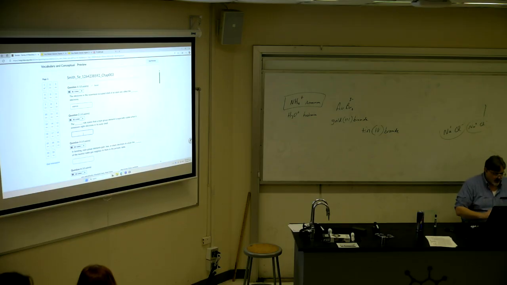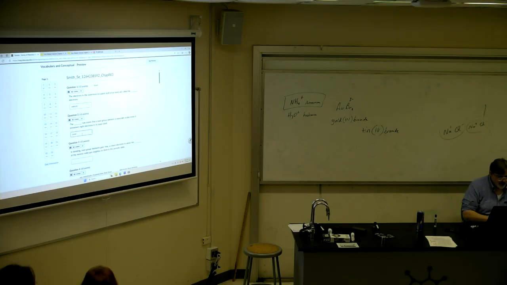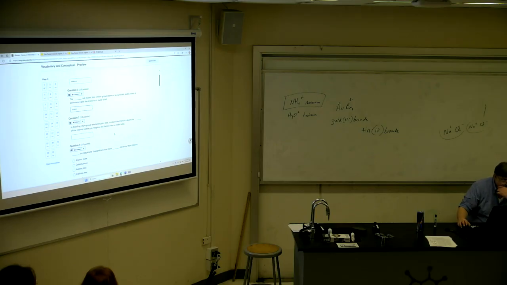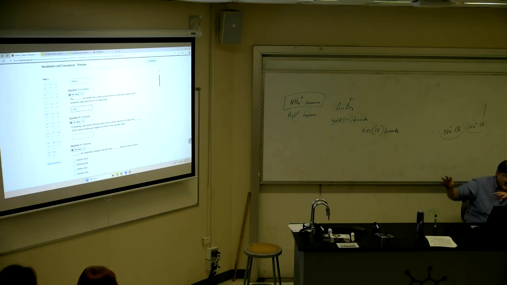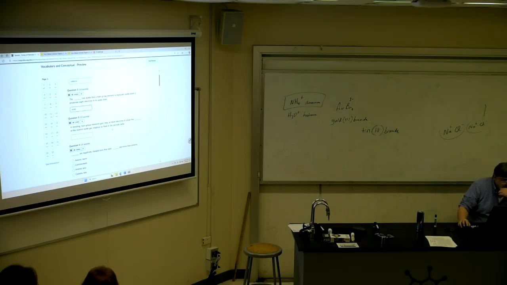Do you remember what the electrons in the outermost occupied shell are called? Valence. The blank rule states that a main group element is especially stable when it possesses 8 electrons in its outermost shell. It's called the octet rule.